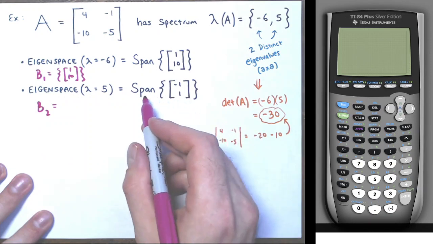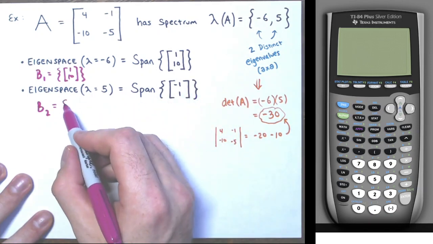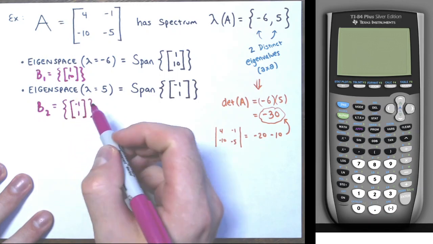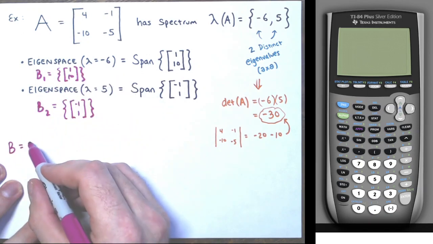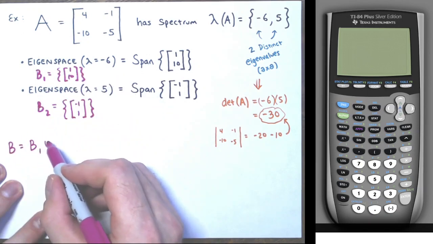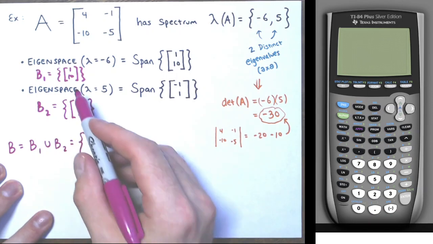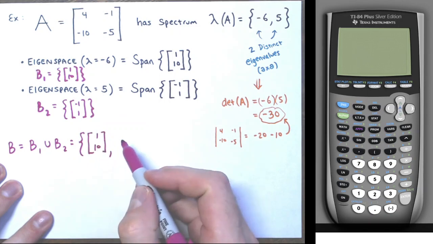I've set them up so it's easy to see. It's clearly the set with the vector (-1, 1) in it. And then if I form the union of the bases of the eigenspaces, I'm just getting the set with the vectors (1, 1, 0) and (-1, 1).